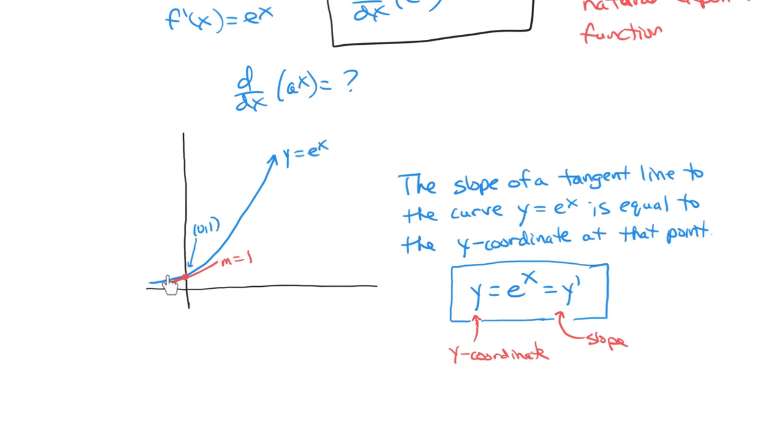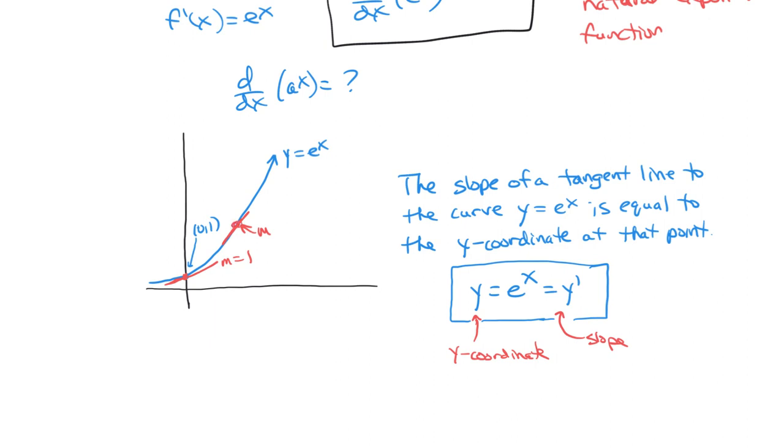So the slope is 1, the y-coordinate is 1 because of this. Here's the y-coordinate. And we know that e to the x is equal to its own derivative, which means it's the slope. So if I were to find the slope of this curve at this particular point, that slope is equal to the y-coordinate of the point.